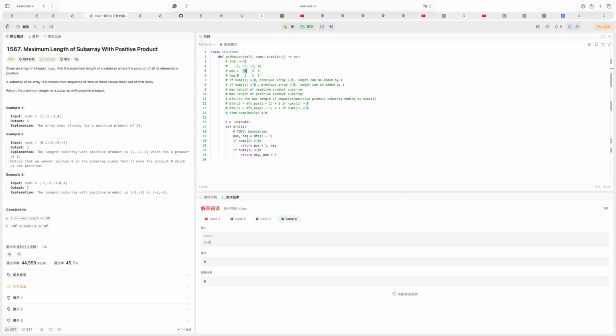It has to be 0. Okay, maybe let's check the solution.